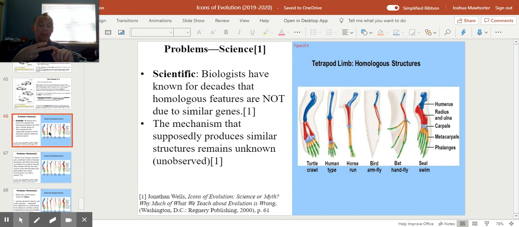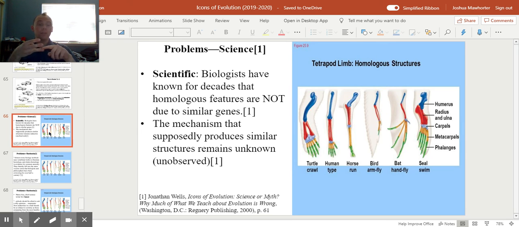Number two, the fallacy of renaming and redefining something. So having one definition of homology, observing the common structures, but then defining homology as similar structures by definition from and because of a common ancestor. That's moving from one definition of homology to another and trying to use that as evidence for evolution.